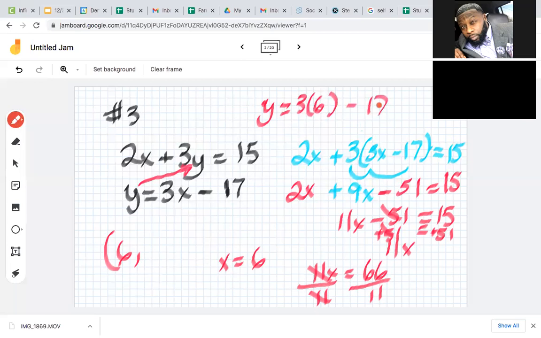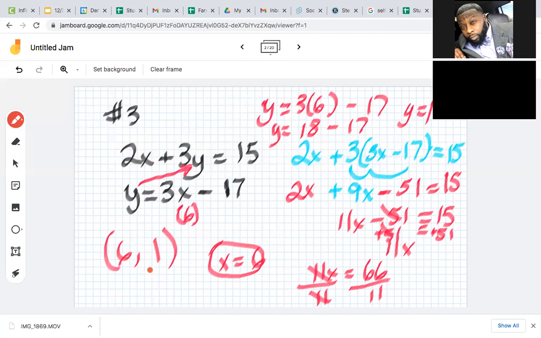All right, so 3 times 6 is what? Wait, what are we doing right now? Since we found 6 was x, we basically just substituted 6 in for this x value here to find y.